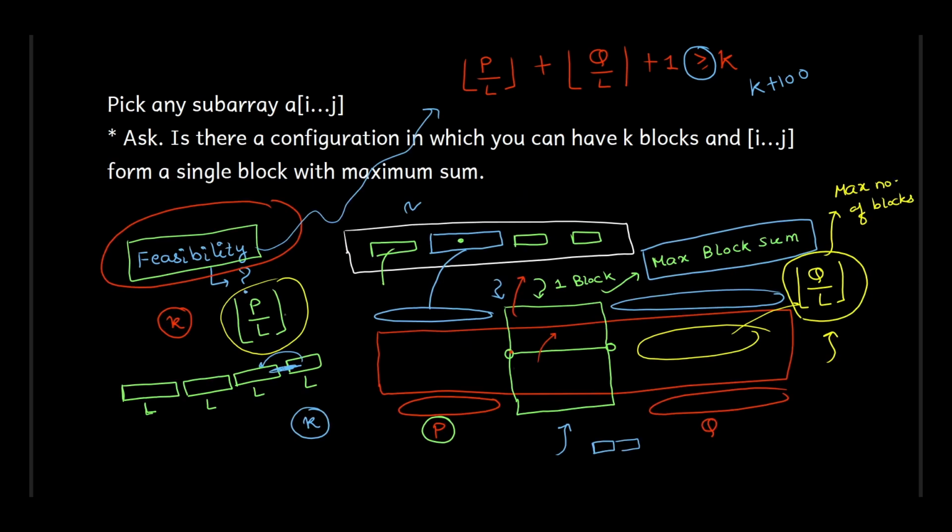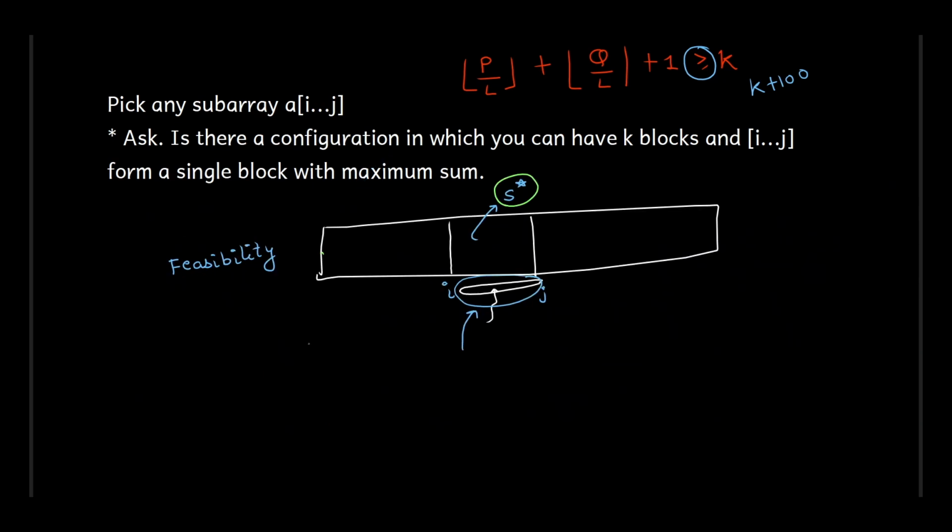In the feasibility check, we just said that you can have blocks of length L, L, L, and so on. But what if some blocks end up creating a sum that is greater than S star? So how do you even find that out, right? Because you don't necessarily have to end the first block over here. You can as well end the first block over here with length L plus 1.